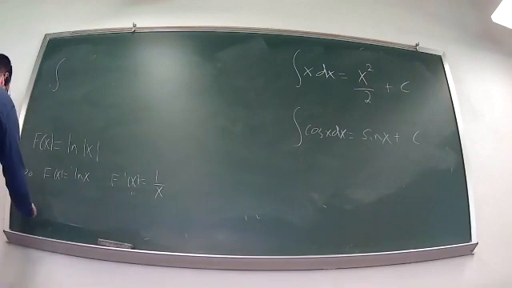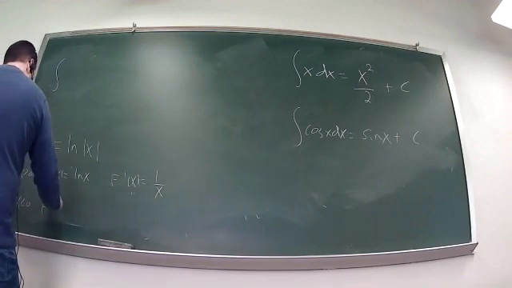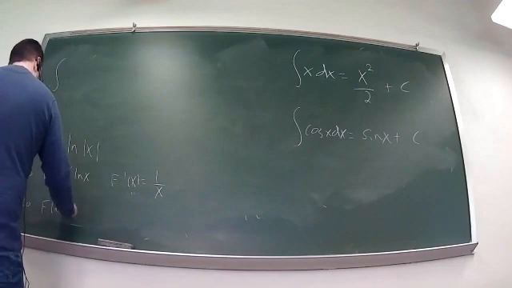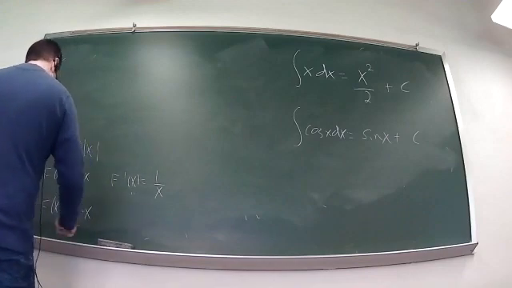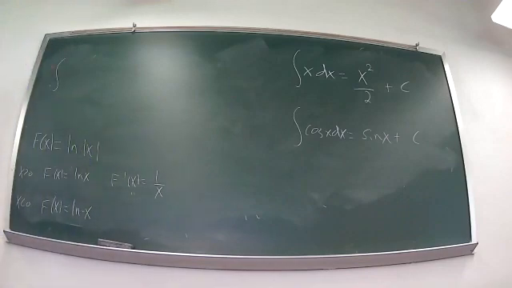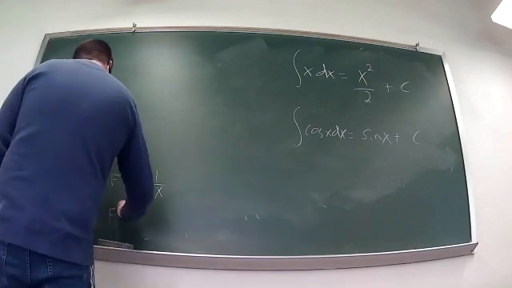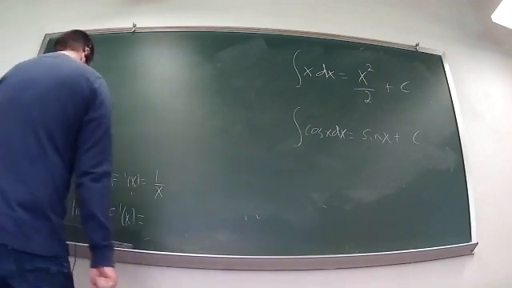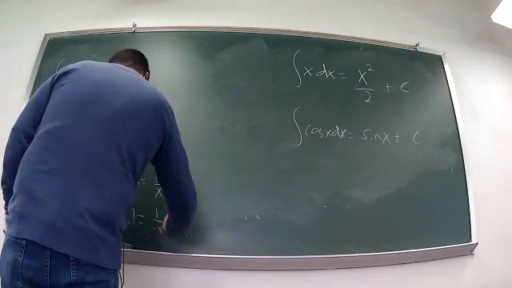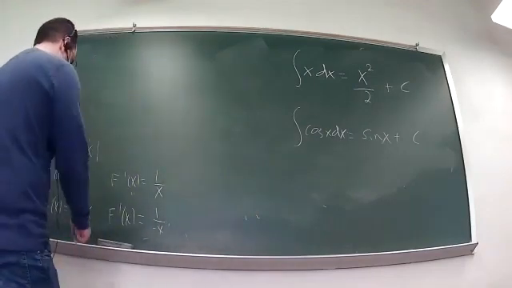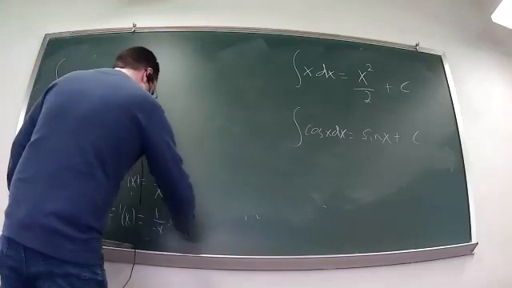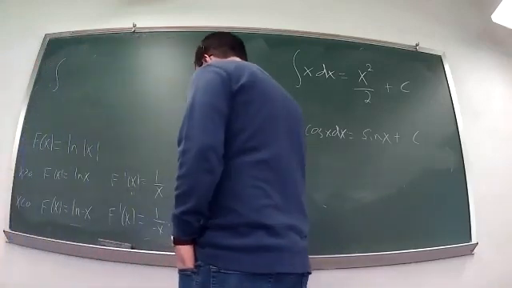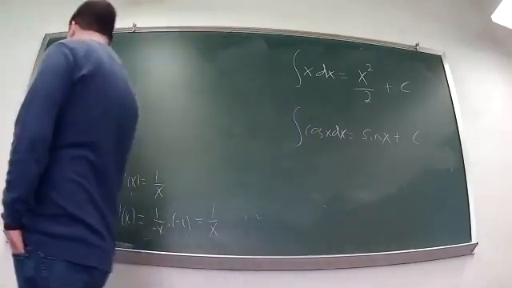When x is less than 0, f of x equals natural log of negative x, and so f prime is 1 over negative x, and then times the chain rule would tell us 1 over negative x times negative 1, which is 1 over x.